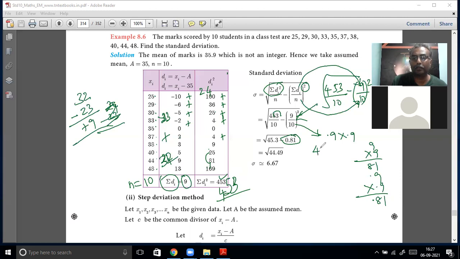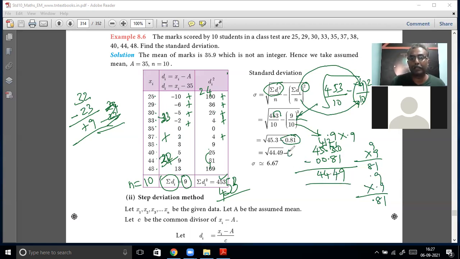Okay, so now 45.30 minus 0.81. Okay, 10 minus 9, 1. 13 is borrowed here, it becomes 12. 12 minus 8 is 4. So 44.49.